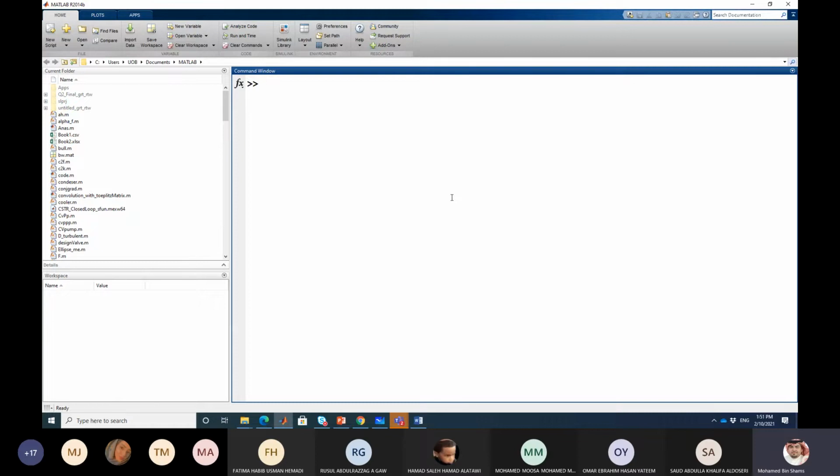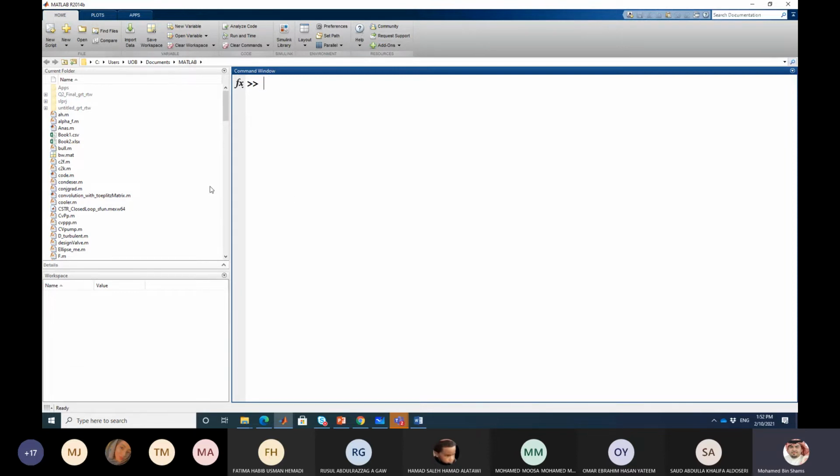There is an explanation for the interface that you are seeing in front of you. Here you have the command window, the current folder, the workspace, and the items at the top. What is this? What is that? You have Help if you need.